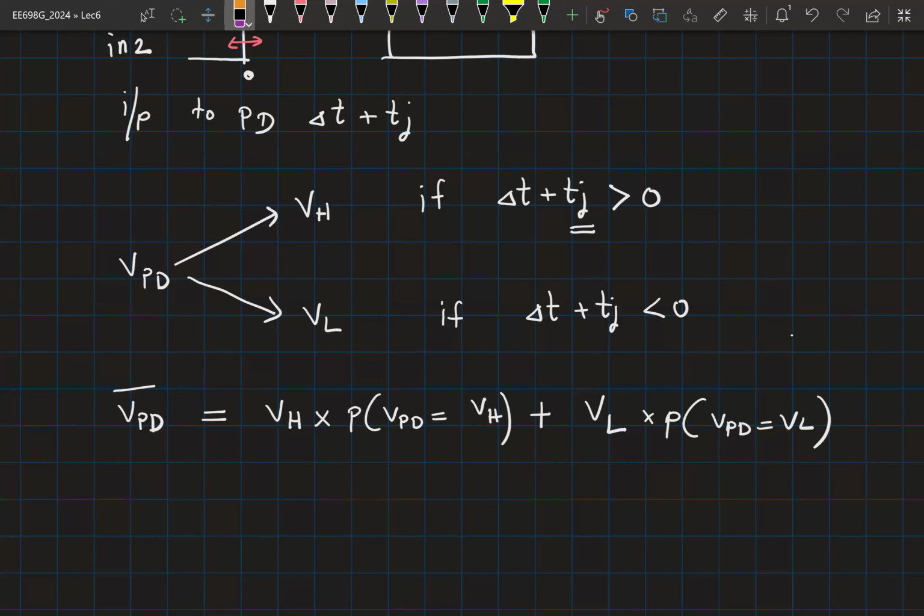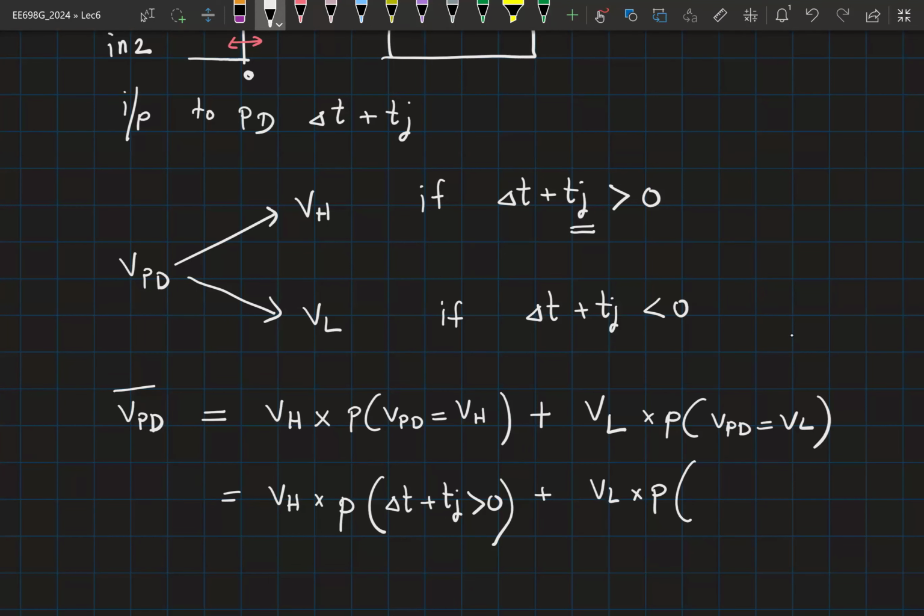So far, okay? So this is VH into, how can I rewrite this in terms of delta T plus Tj? This is probability of delta T plus Tj greater than 0 plus VL into probability of delta T plus Tj lesser than 0.